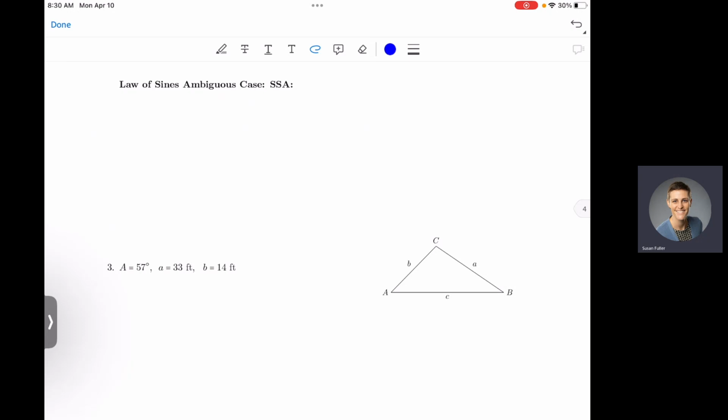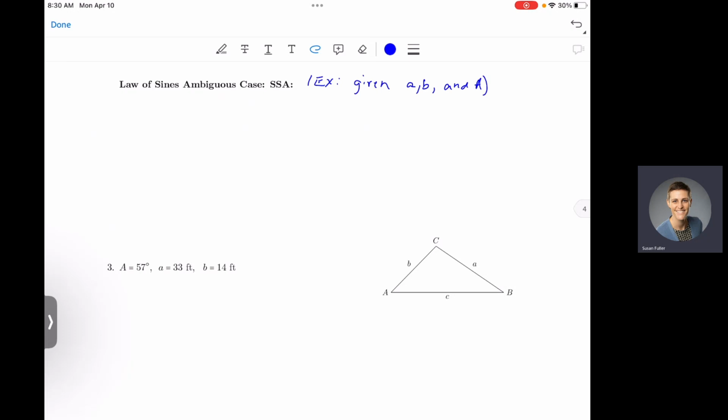So basically, for example, in side-side-angle, let's say we are given side A, side B, and angle A. This would be a side-side-angle situation, two sides and an angle not between them, because angle C would be between sides A and B.